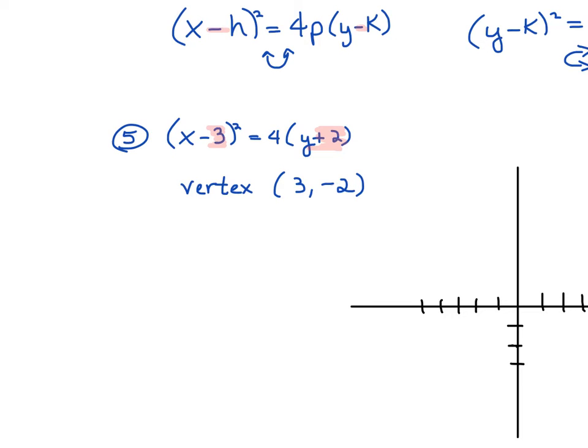So when it's a -3, what comes out is a +3, because that's what went in. And when it's a plus sign, what really went in, the equation was really negative, negative, and that's how it became positive. So my vertex is at (3, -2). I'm going to go ahead and plot that.